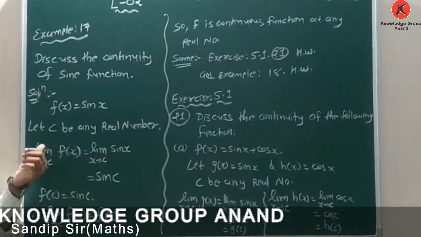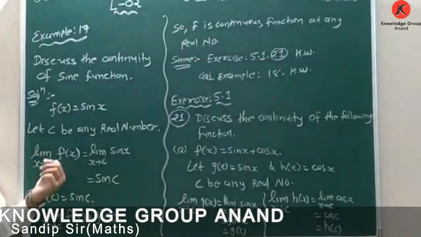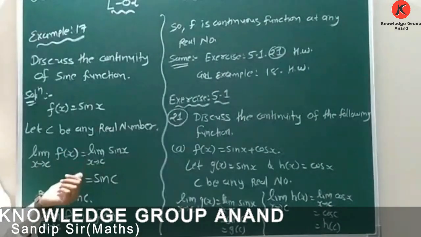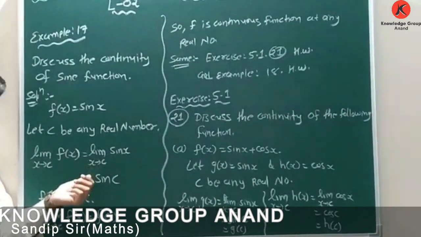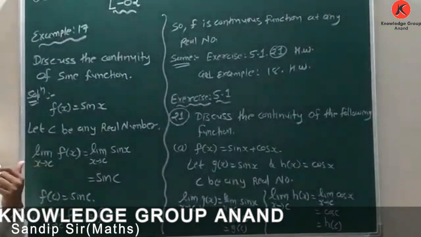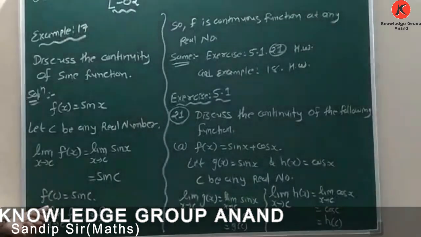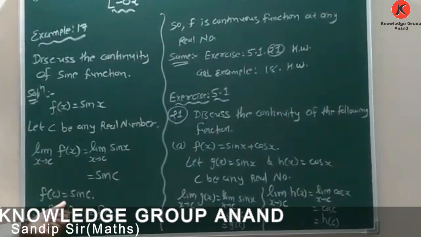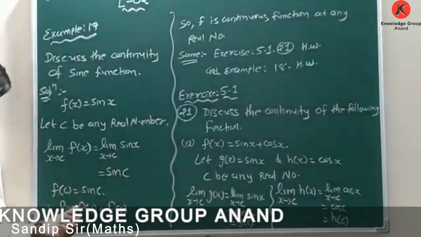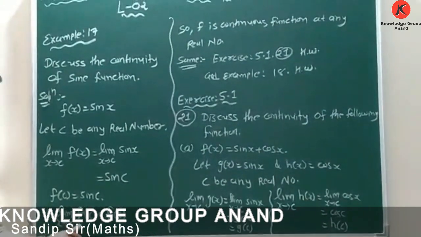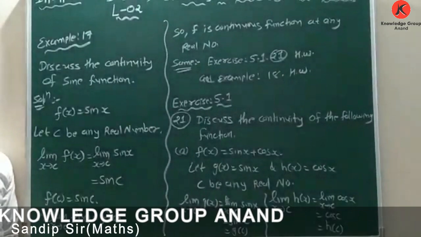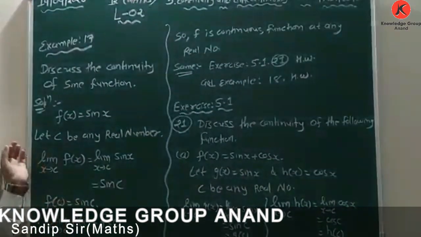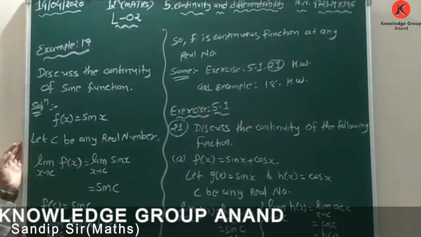Then limit x tends to c, f of x is equal to limit x tends to c, sin x. Put the value of c instead of x, that means the answer is equal to sin c, and directly f of c is equal to sin c. These two answers are the same, so limit x tends to c, f of x is equal to f of c. This is the definition of a continuous function, so f is a continuous function at any real number.